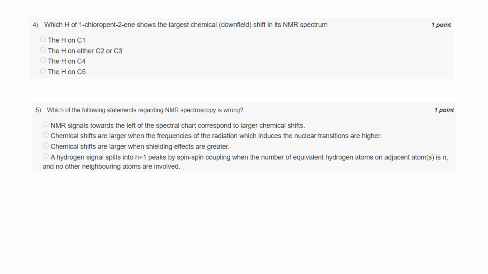flip it. And which of the following, 1-chloropentane, 2-en, shows the largest chemical or downfield shift in the NMR spectrum? I will give you the structure. 1-chloropentane, so 5 carbons: this is 1, this is 2, and there is a double bond, then 3, 4, and 5.